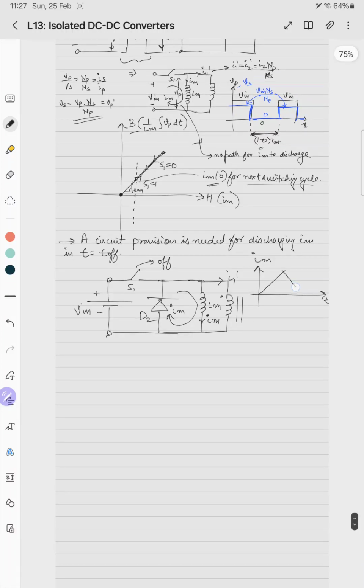And say till here this is T on and this is T off. Say that Im does not become 0. So it will again rise with the same slope and fall. So there will be some average value of capital IM.